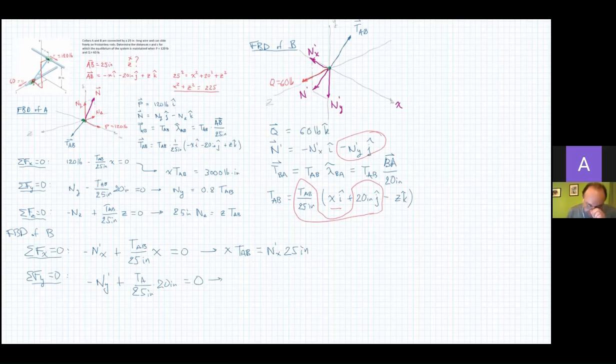So from here we get ny prime equals 0.8 TAB.